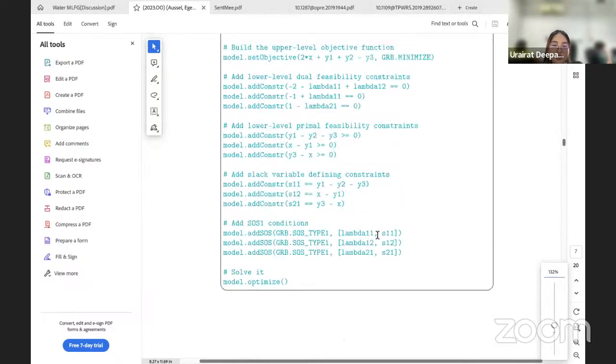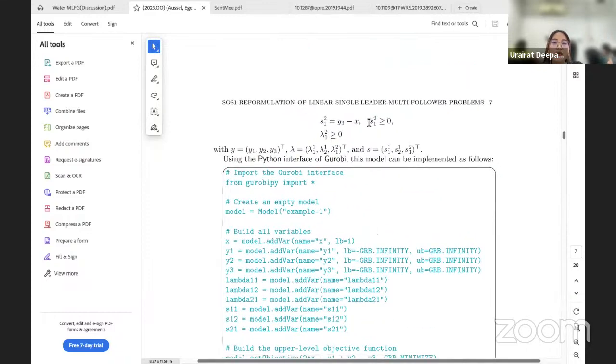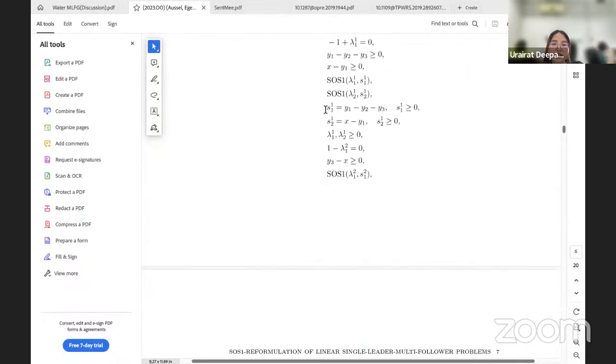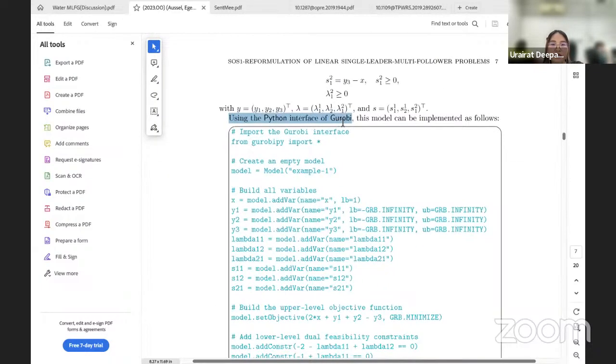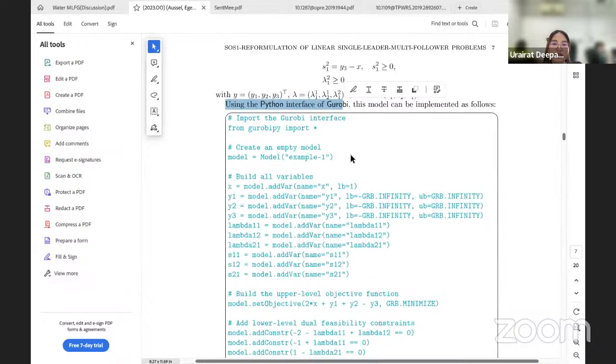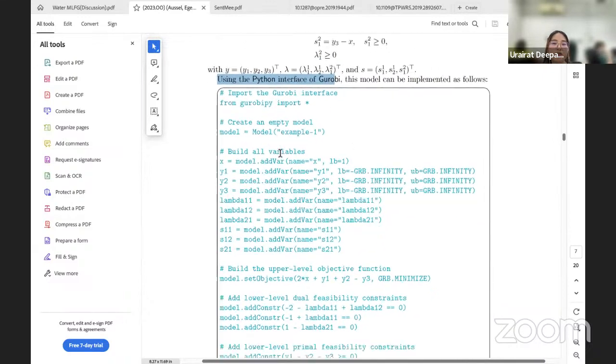When we formulate, we change the form here, and we get the variables added. So we use the Python interface of Gurobi to solve this problem.